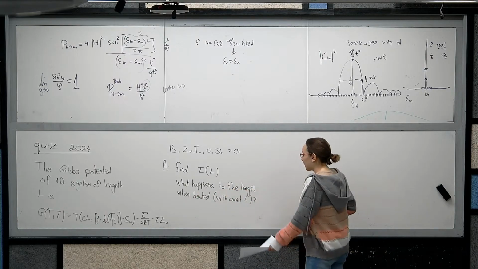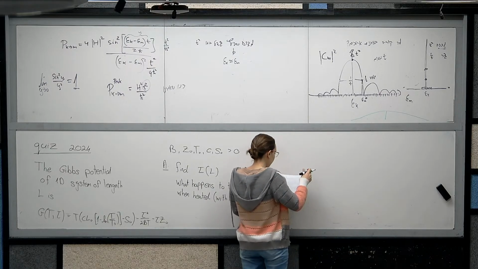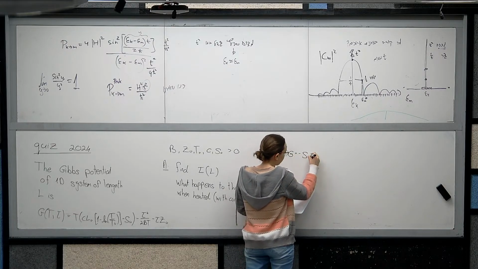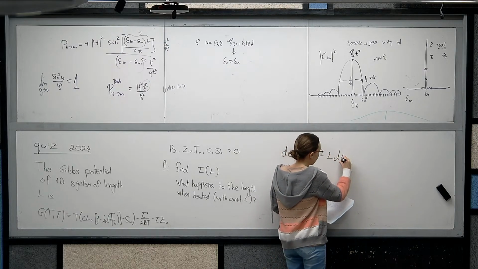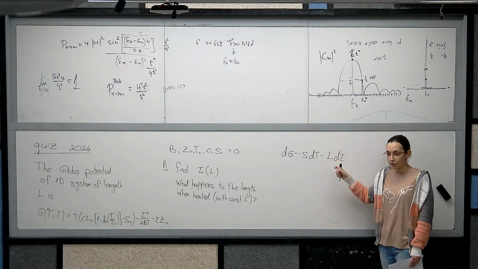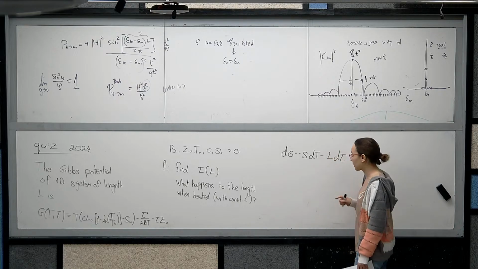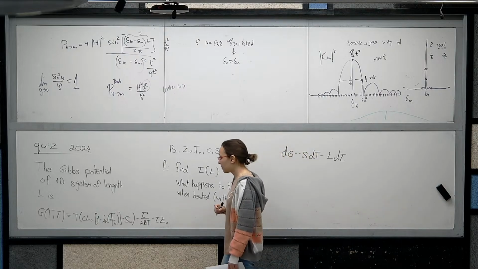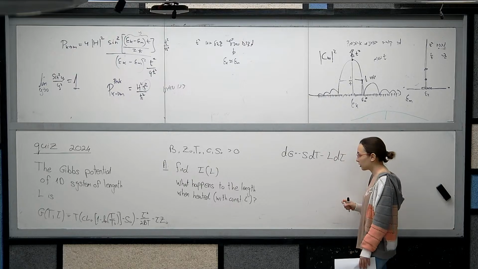The differential equation of the Gibbs energy: dG equals minus S dT minus L d tau. Yes. So we have minus S dT minus L d tau. And we converted the pressure and the volume to the tension and the length with a minus sign. Now we want to extract the tension.